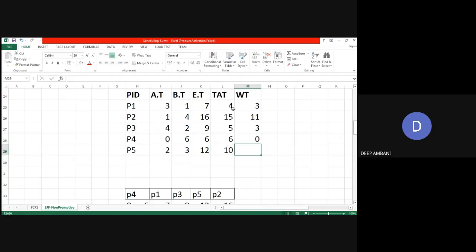And average 8, that is 40 divided by 5, in milliseconds. Total wait time 24 milliseconds, and average 4.8 milliseconds.